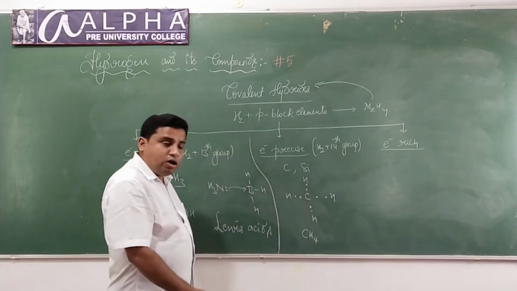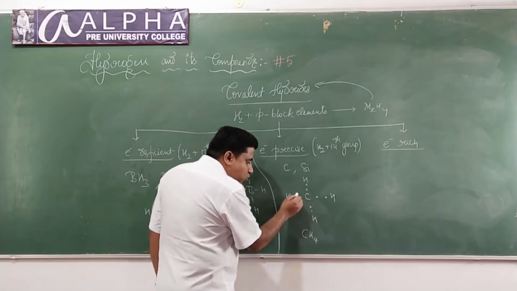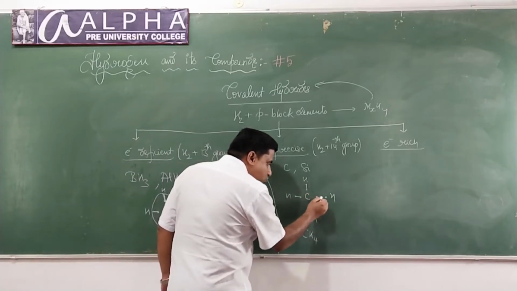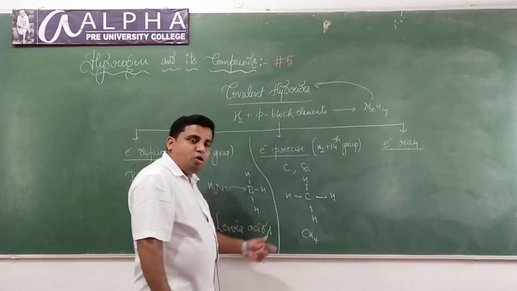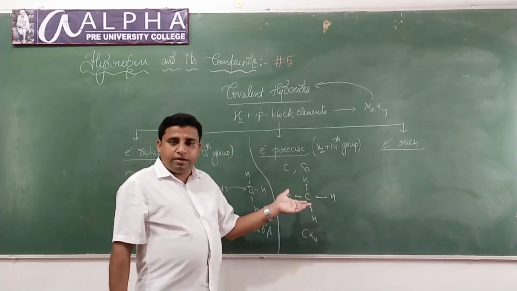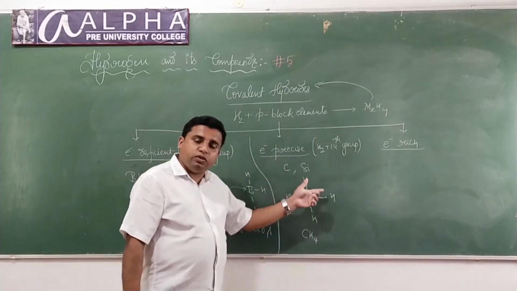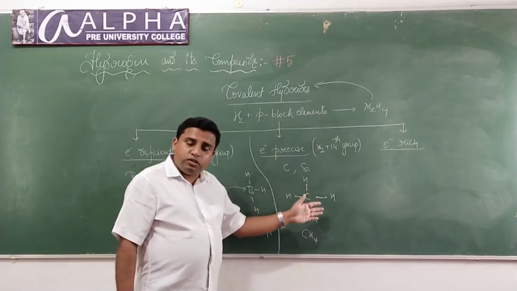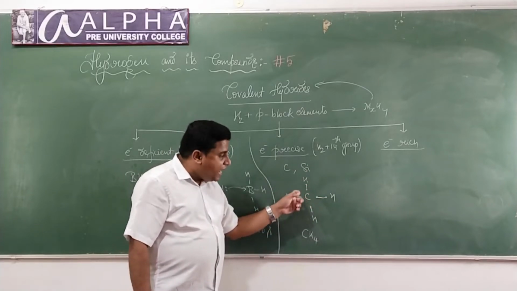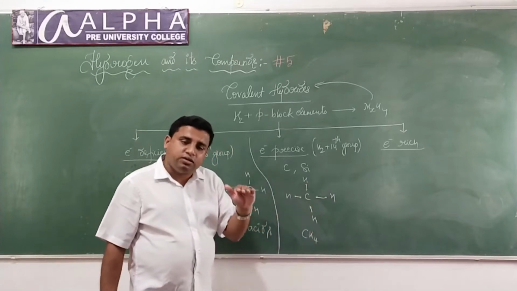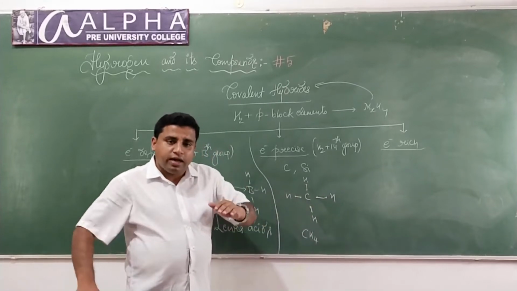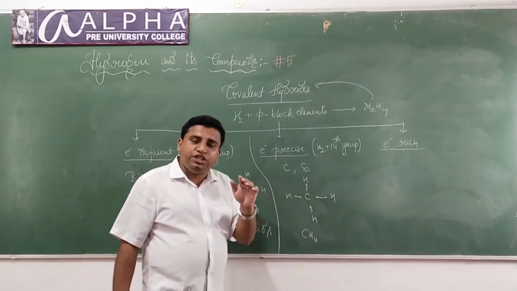Now observe: 2 electrons, 2 electrons, 2 electrons, 2 electrons. How many electrons are there around carbon in its outermost shell when it combines with hydrogen? It will have 8 electrons. It is now surrounded by a sufficient number of electrons.